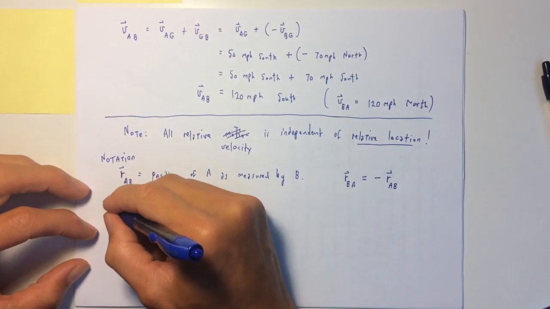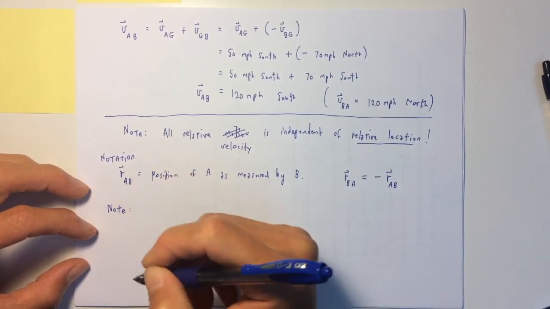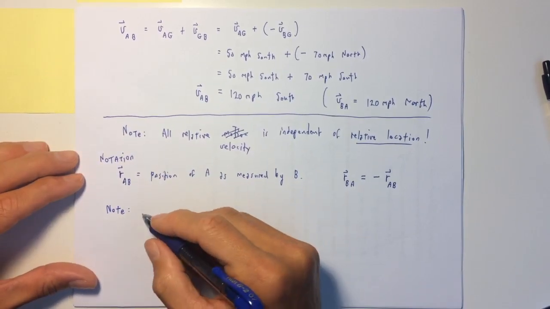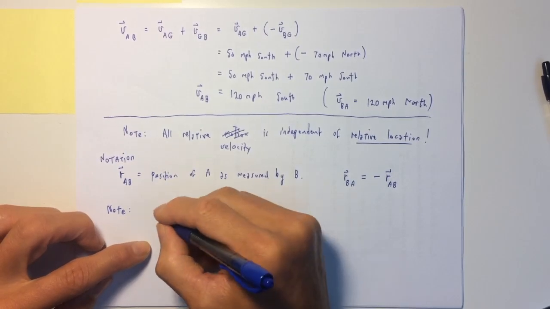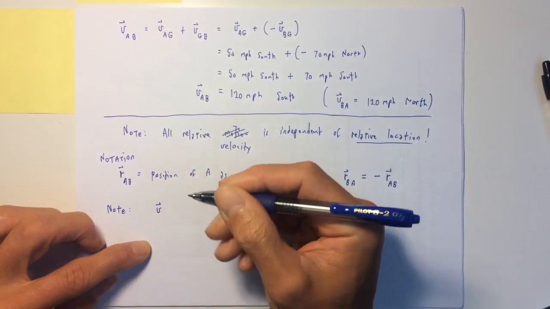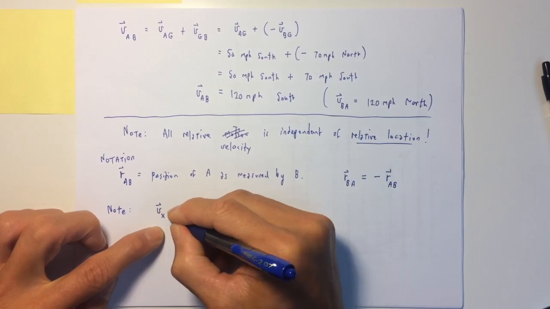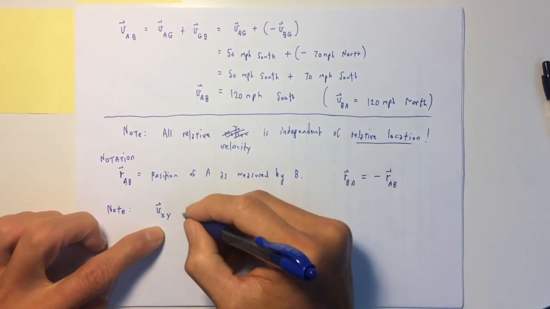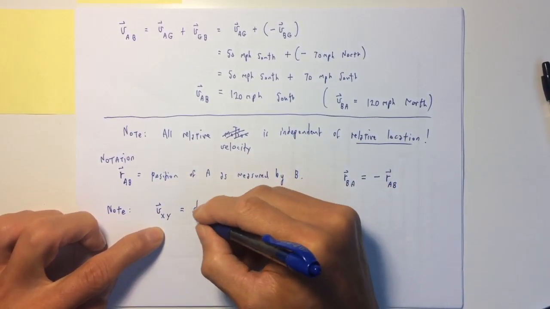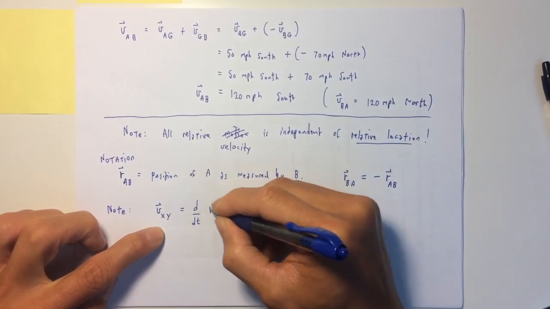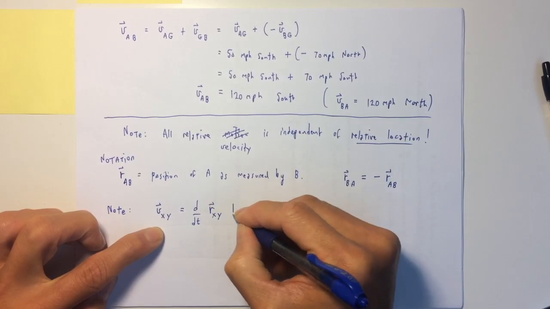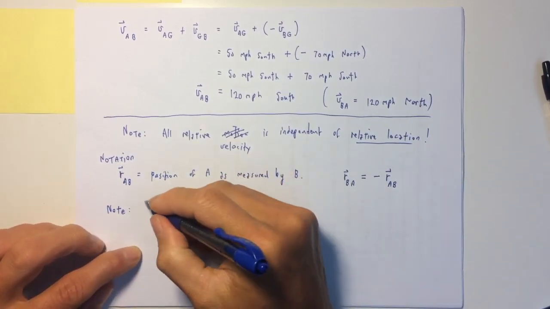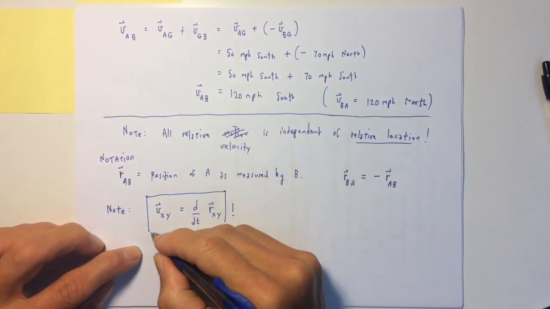Also note, and this is a really interesting comment, that, for example, the velocity of x relative to y is equal to the time derivative of the position vector of x relative to y, right? This is a nice thing right here.